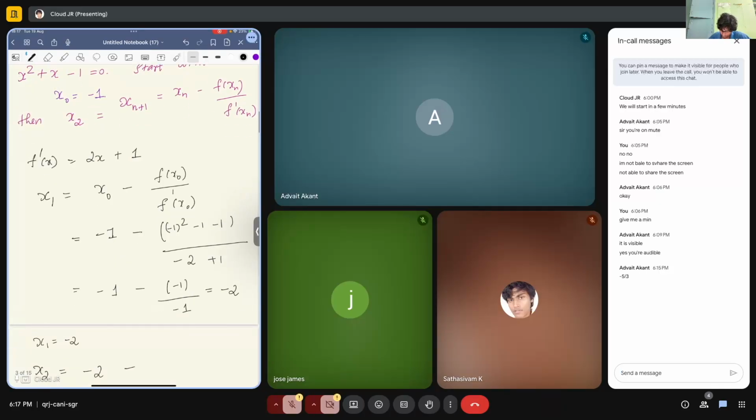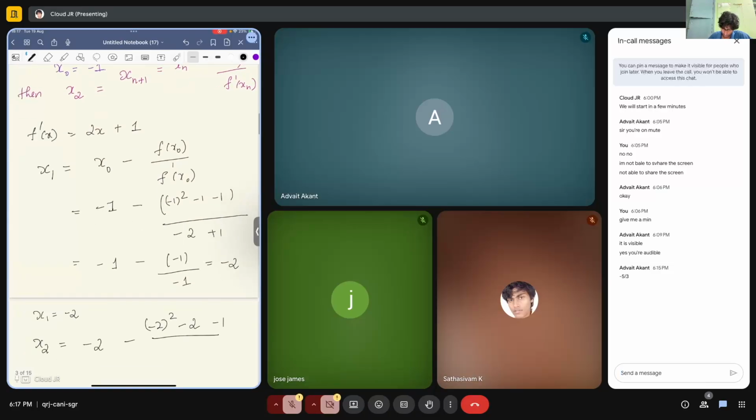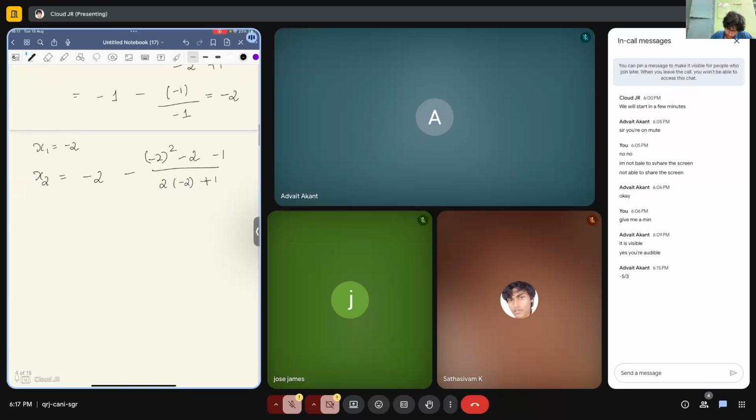Okay. So this minus 2 square minus, it is minus of minus 2, right? So no, minus 2 square minus 2 minus 1 divided by 2 times minus 2 plus 1. Okay. So let's compute it.